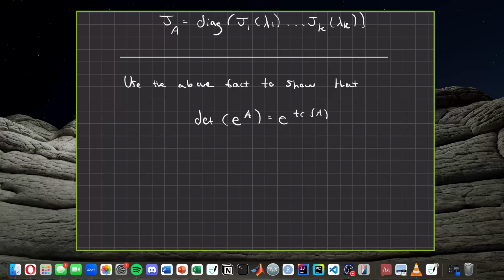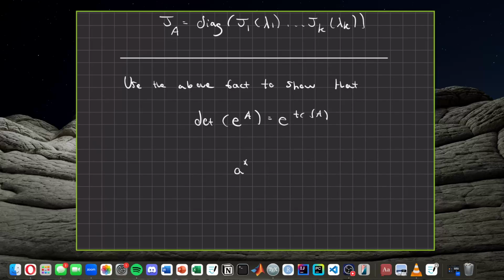Essentially, in algebra, if we have a to the x, a to the y, this is the same as saying a to the x plus y, where a is the same base. And this is exactly what we're going to be deriving.